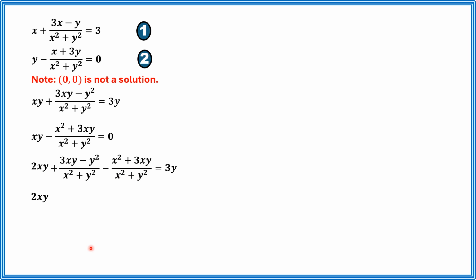Taking the LCM of these two terms, that is x square plus y square, in the numerator we will get this, that is equal to 3y.